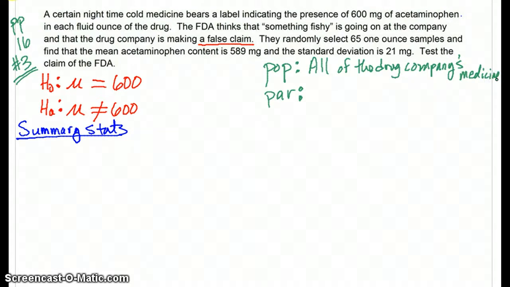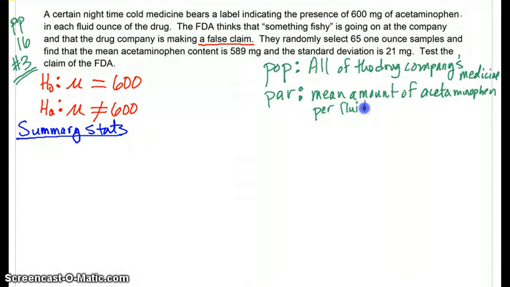And the parameter of interest here is the mean amount of acetaminophen per fluid ounce for our medicine or drug, whichever you prefer. So again, we're looking for the mean amount of acetaminophen per 1 fluid ounce, and then we're going to test this by using a two-tailed t-test.